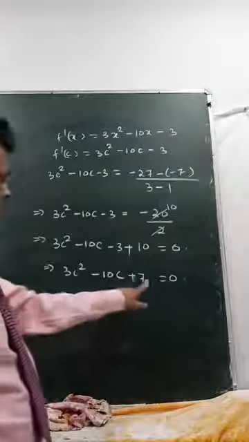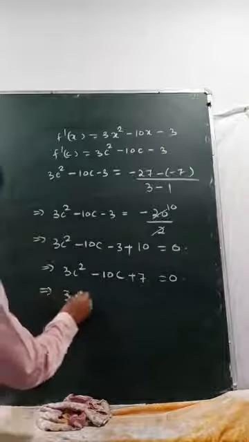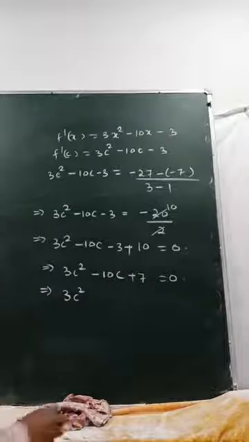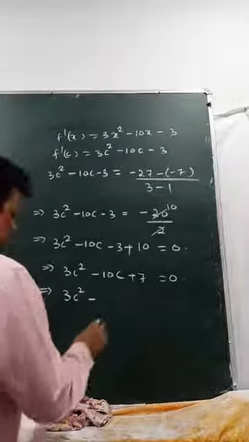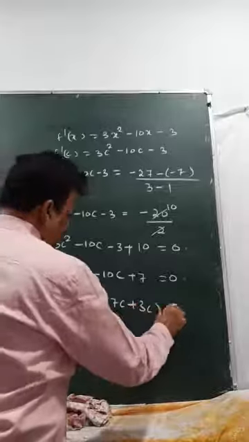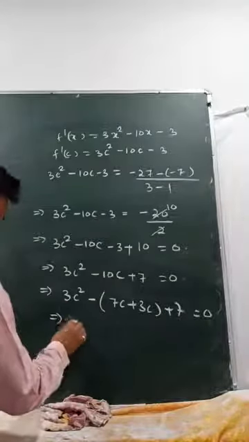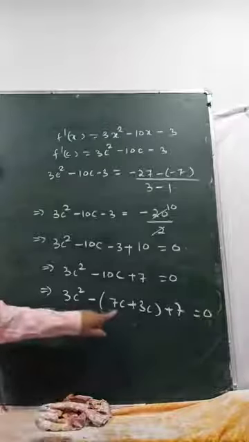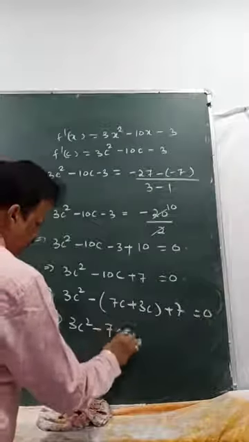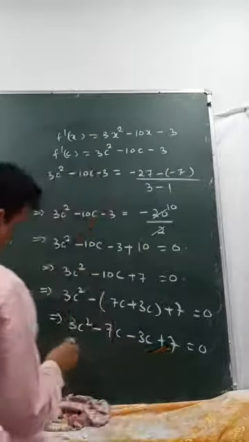7 threes are 21. So I can write 3c square minus 7c minus 3c plus 7 equals 0.